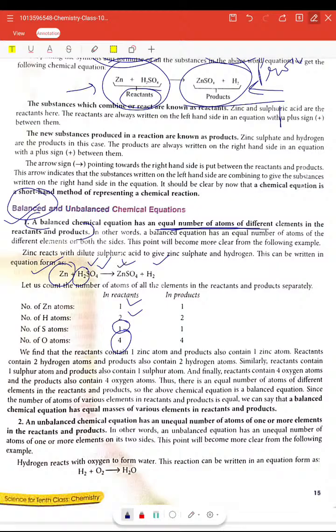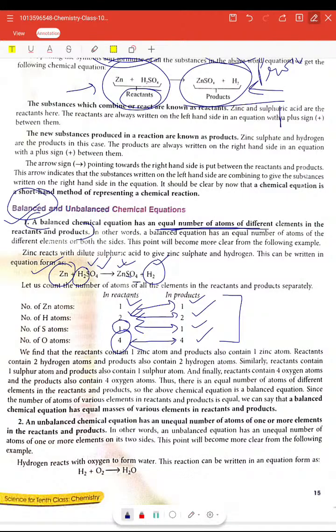That is 1. Sulfur on the right hand side? That is 1. Oxygen on the right hand side? That is 4. Hydrogen on the right hand side? That is 2. So the atoms on the left hand side and the atoms on the right hand side are equal, so we can say that this is a balanced chemical equation.